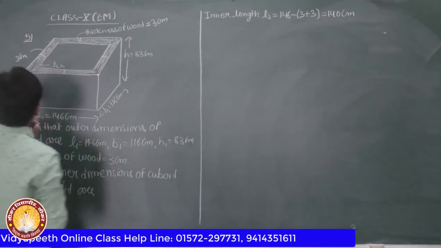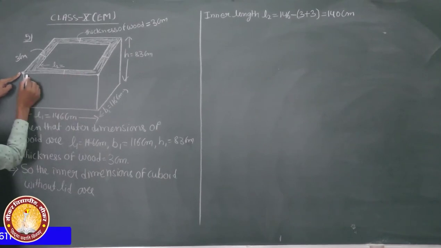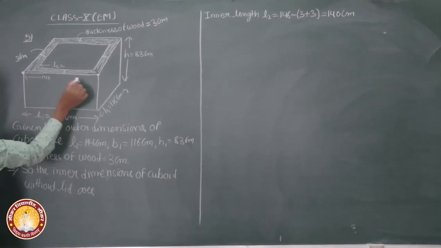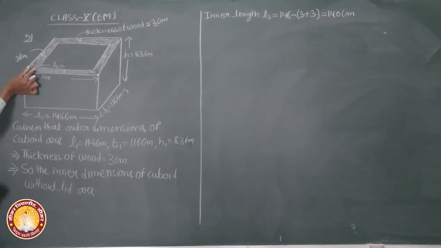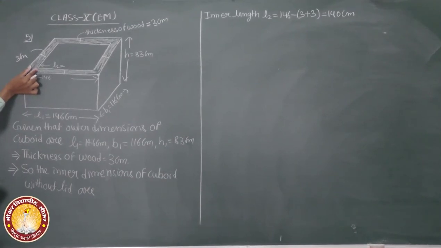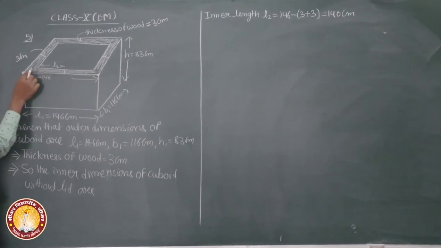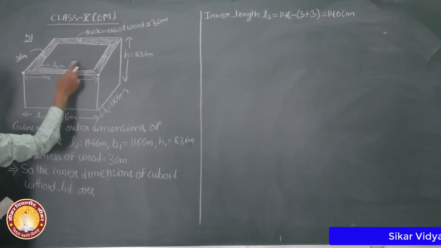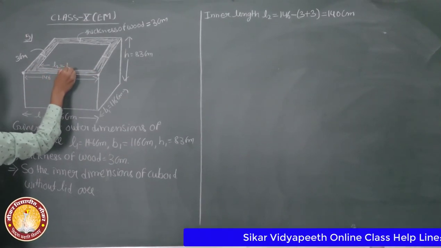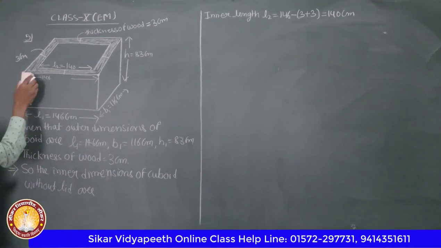From the outer length 146, if we subtract the left side thickness 3 cm and right side thickness 3 cm, then we get only the inner length.